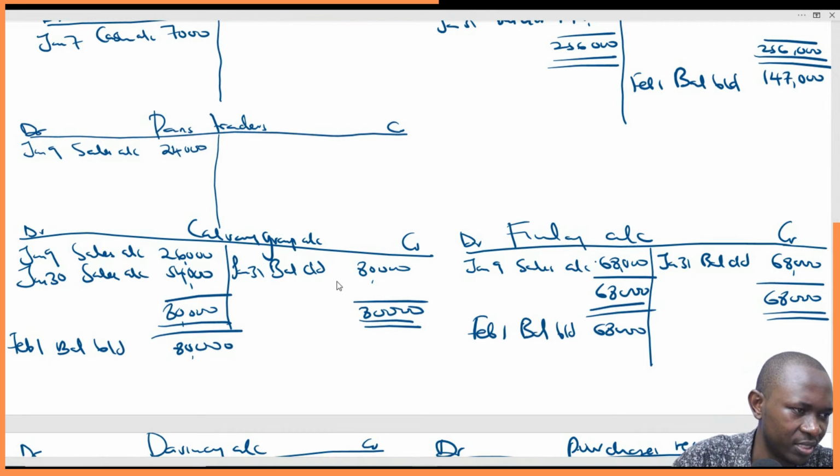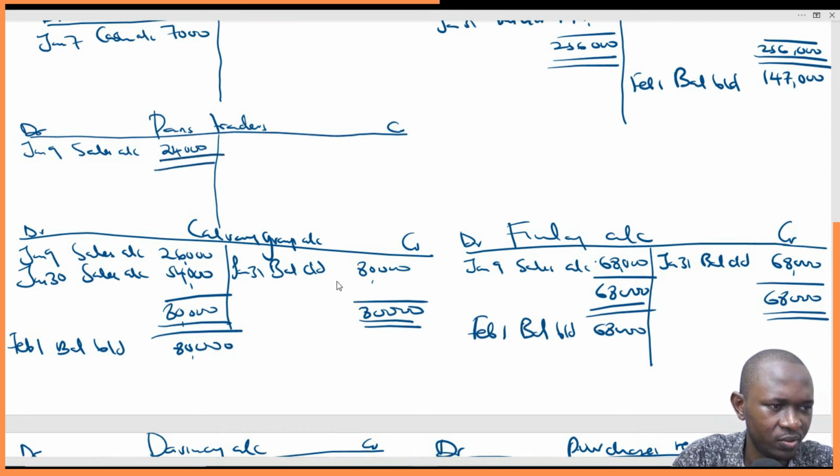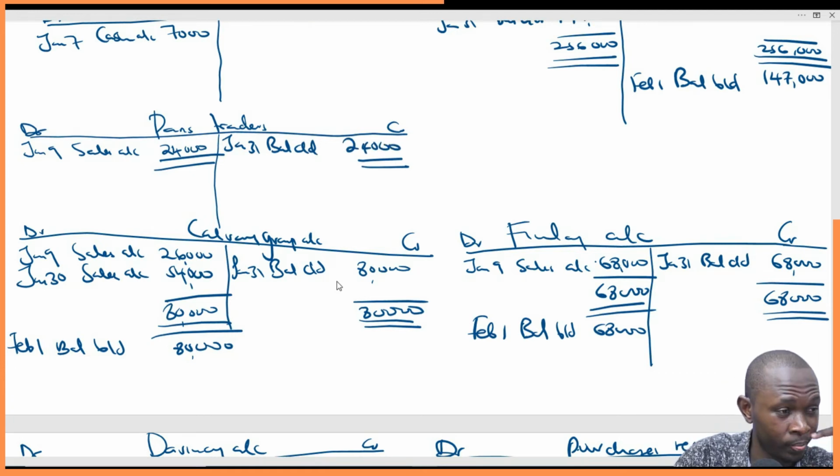So we are moving on. We have Paris Traders. So this is 24,000. January 31st balance carried down 24,000. The best way to close is actually just to have 24,000 also here. 24,000, like that.